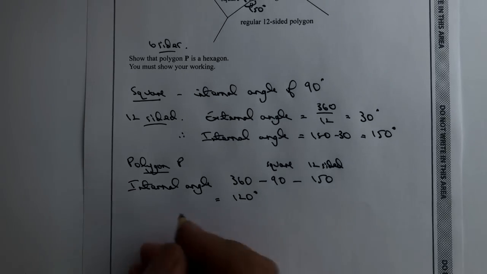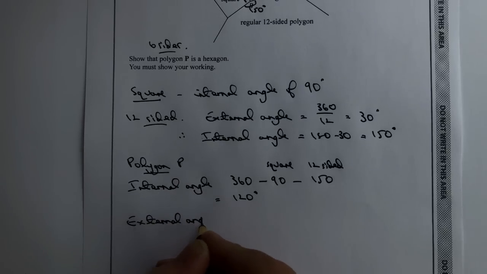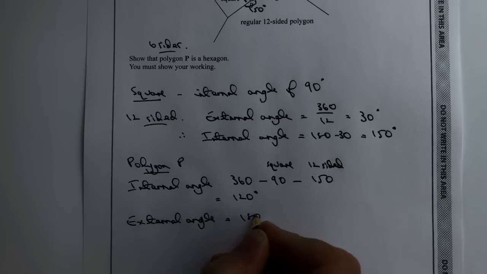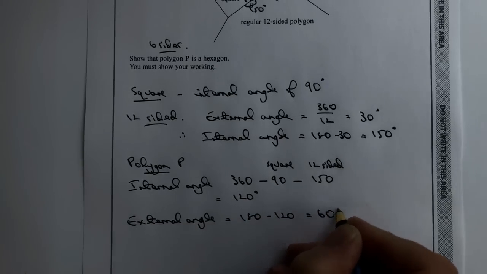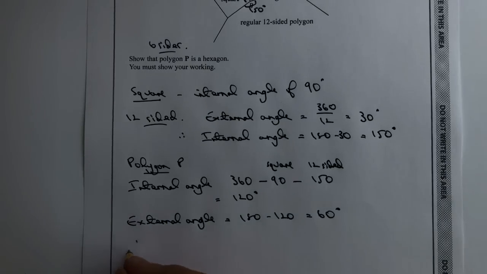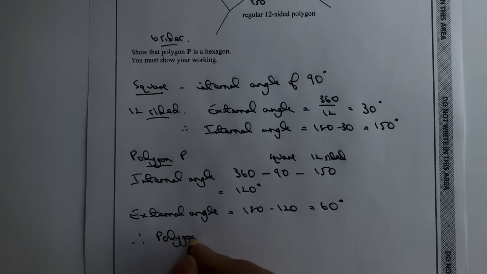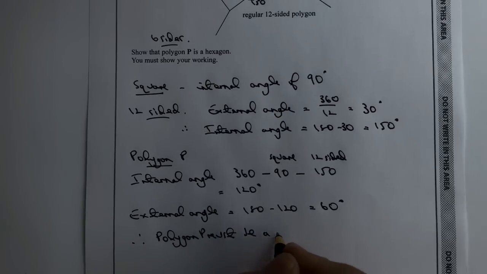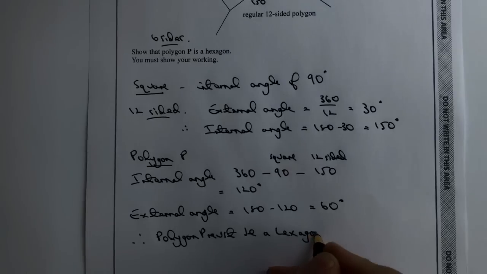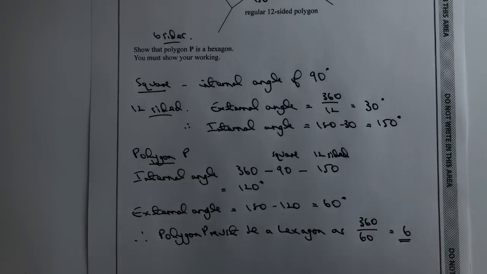Okay, so now I've got an internal angle of 120 degrees. It also means that I can work out the external angle. Well, the external angle is going to be equal to 180 minus 120, which equals 60 degrees. Okay, so therefore, polygon P must be a hexagon, as 360 degrees, which is the external angles, divided by 60 equals 6 sides.